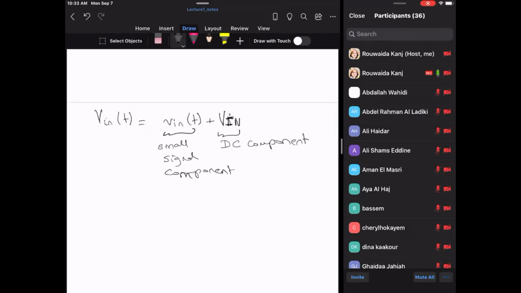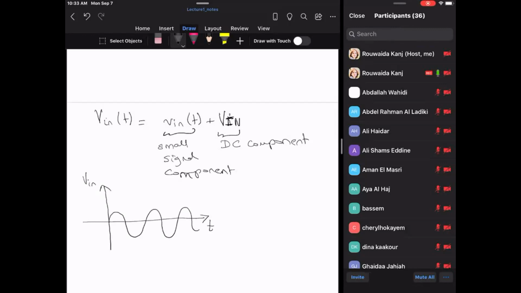And let us try to see how our signal will be. I will give 2 examples. The first example is I have my signal Vn as a function of time, equal to A sine omega t, just like the signal we just saw.